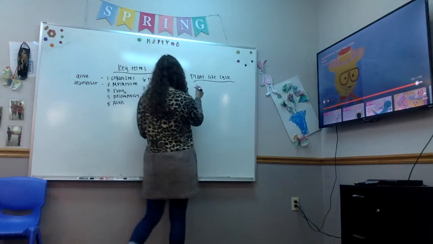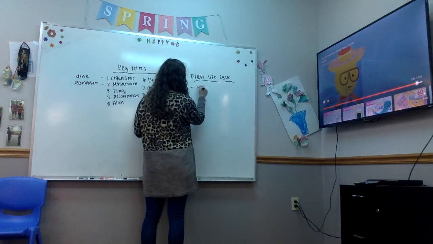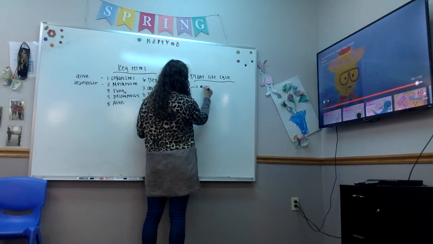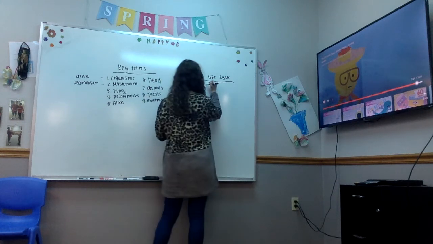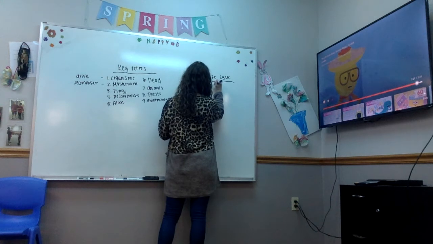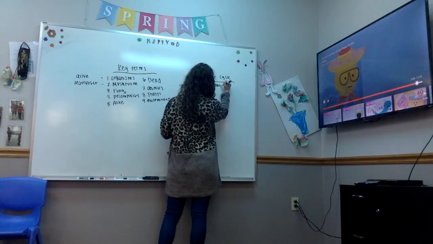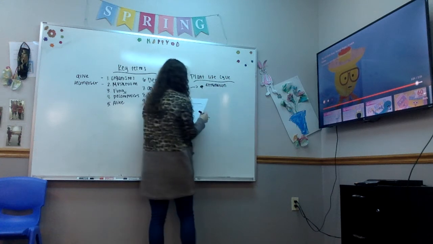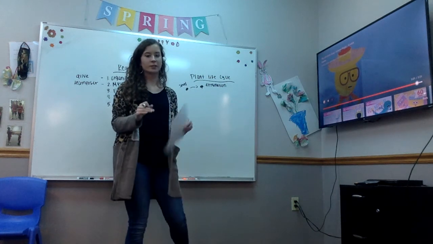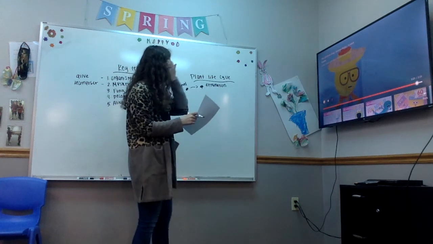So it's going to go from a seed, and then it's going to get germinated. So then we're going to have germination. And ignore my bad pictures, but you can kind of tell what I'm saying.